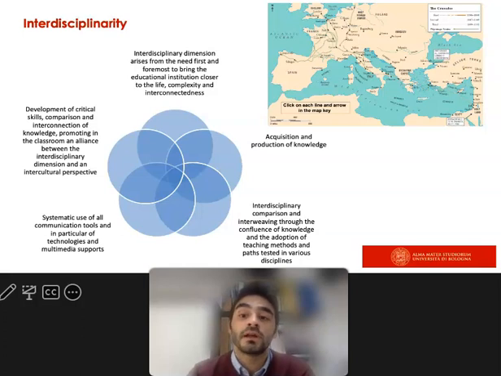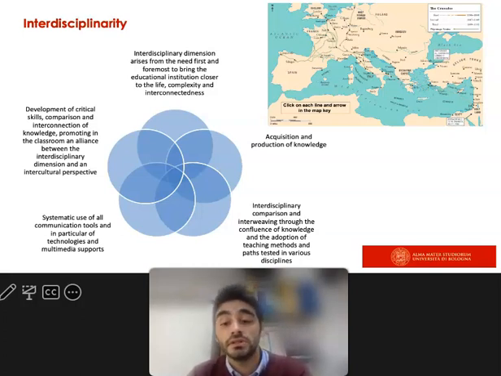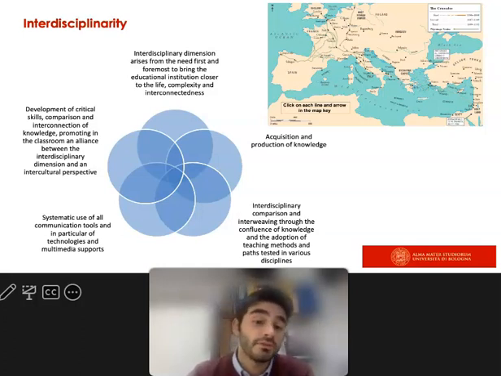An interdisciplinary approach in teaching, therefore, represents an indispensable value in fostering in students the development of critical skills, comparison and interconnection of knowledge, promoting in the classroom an alliance between the interdisciplinary dimension and an intercultural perspective, which brings out the historical cultural relations between different historical times and geographic spaces near and far.